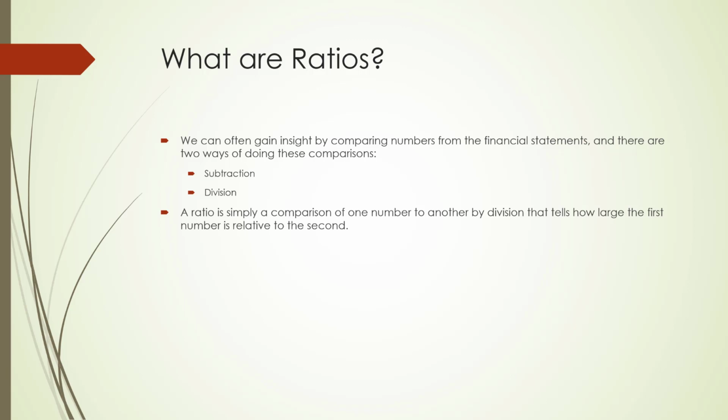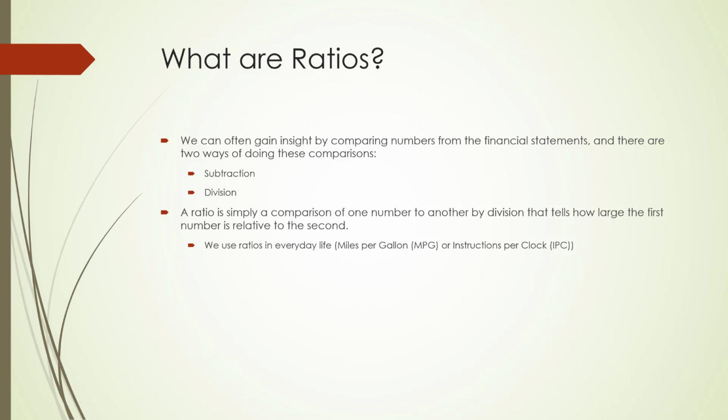And that's really all a ratio is. It's simply one number divided by another. And that tells you how big the first one is compared to the second one. And we can usually draw some conclusions from that. Now, you're familiar with ratios because you use them every day. For example, if you drive a car, you're probably quite familiar with this concept of miles per gallon. That's a ratio. It's the number of miles you've driven divided by the number of gallons of gasoline that you've used.